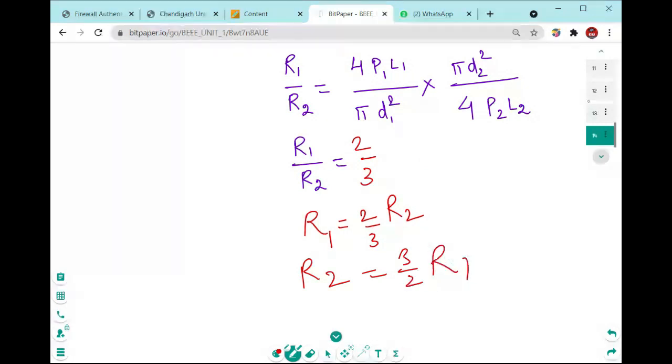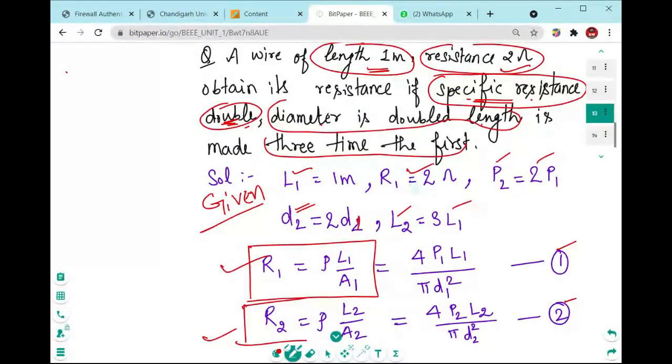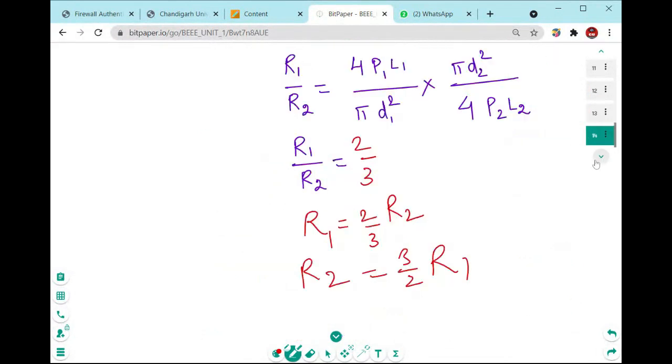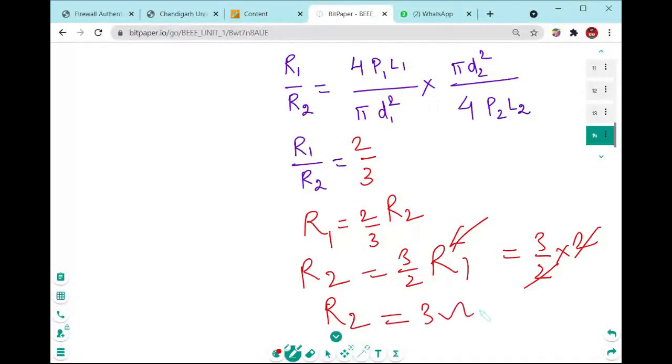You can put in the values of R1 and R2. In the previous slide, the value of R1 is 2 ohm, so R2 will be 3 ohm. This is the final answer.